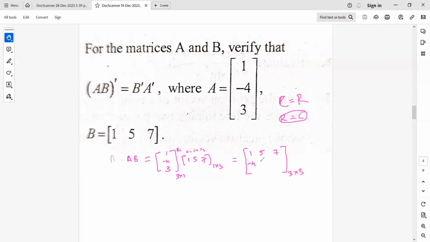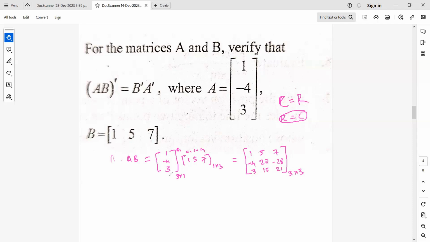Next, minus 4 into 5 will be equal to minus 20, and minus 4 into 7 will be equal to minus 28. Similarly, the third row into the first column, 3 into 1, will be equal to 3. Next, 3 into 5 will be equal to 15, and then 3 into 7 will be equal to 21.